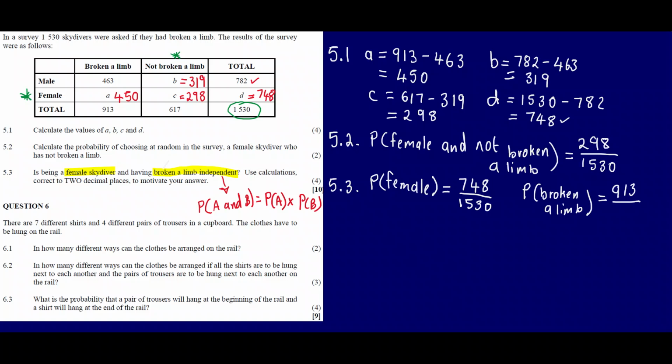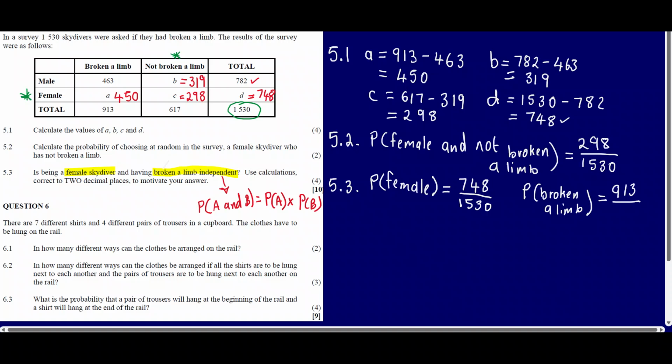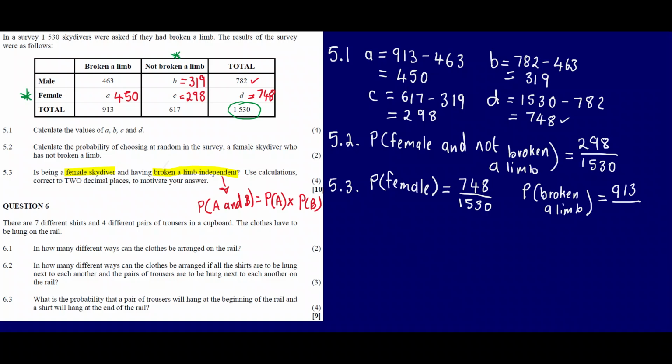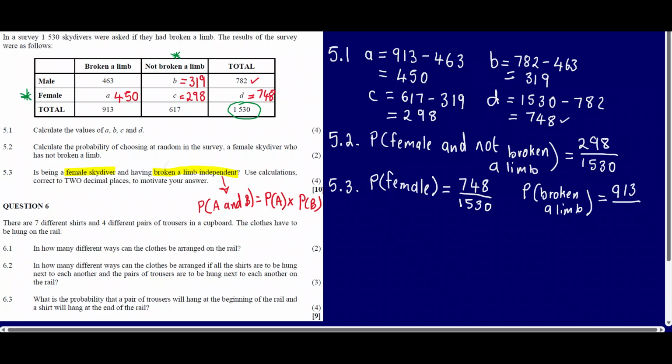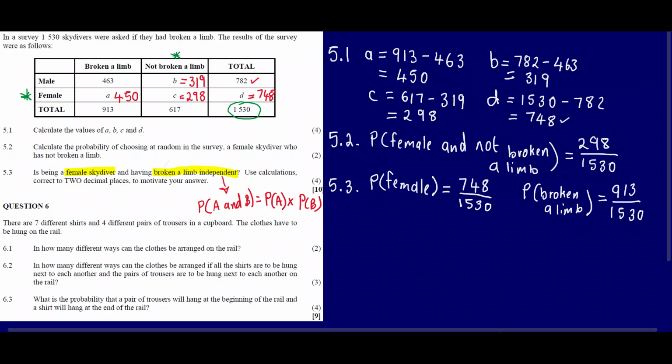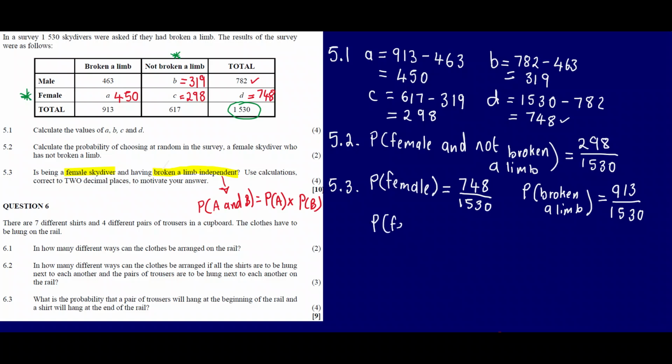I'm looking at these two events separately: the female one, which we got over here, and the ones that have broken a limb, which is going to be 913, regardless of whether it's a male or female. We're strictly looking at the ones that have broken a limb. Then we write the total number, which is 913, over the total number of the sample space, which is 1530. I think you can see what I'm trying to do here.